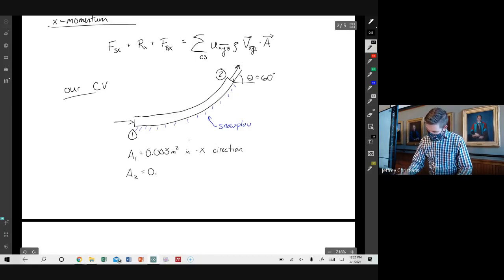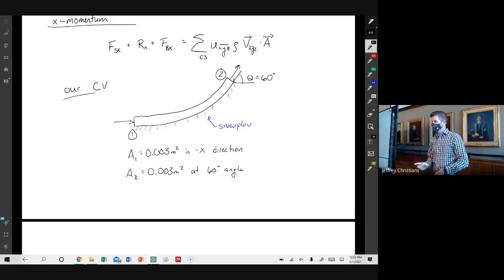A2 is 0.003 meters squared at a 60-degree angle. Okay, so A2 is pointing out, again, it's an outward normal. So it's pointing in the X and Y direction. It's pointing at that 60-degree angle.